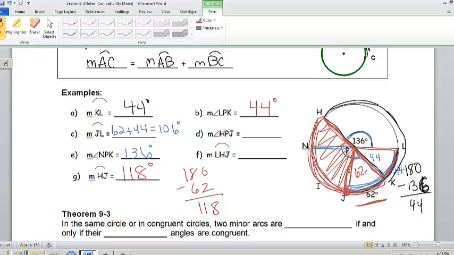Remember, if the arc's 62, the angle's 62. So 180 minus 62 would be 118.